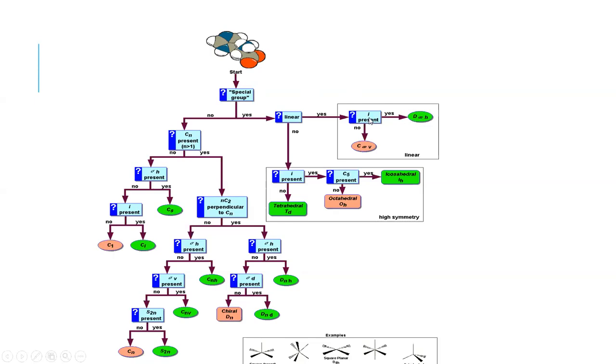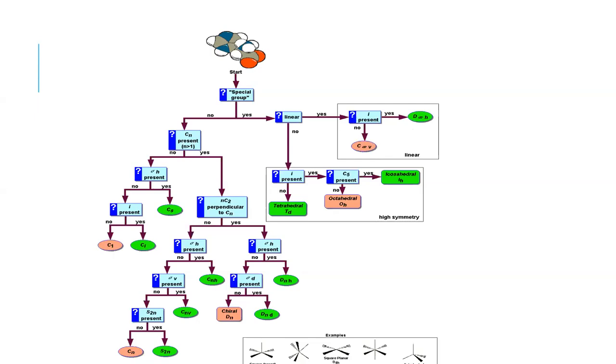And if there is no center of inversion, then the point group becomes C infinity v. So this is the story of the linear molecule. The examples are HCl or HCN. In the HCl molecule, there is no center of inversion, so it happens to be C infinity v.